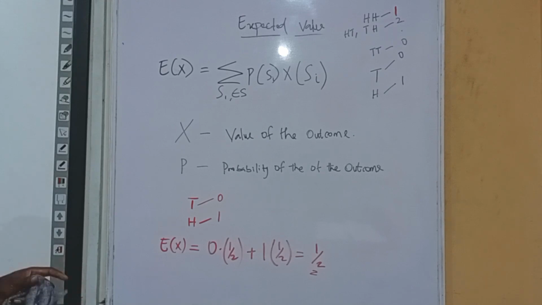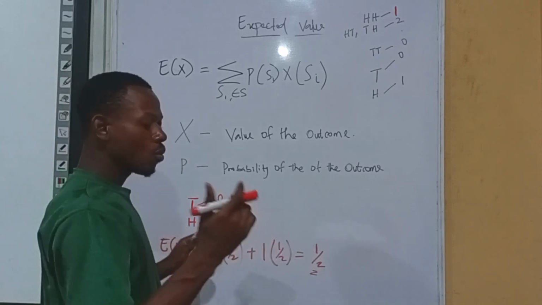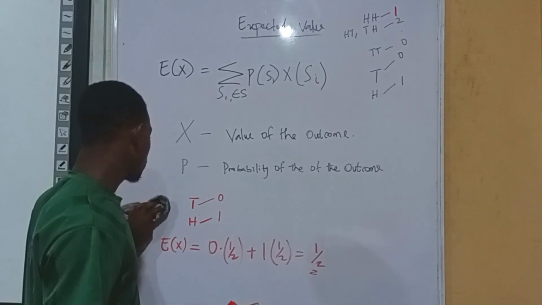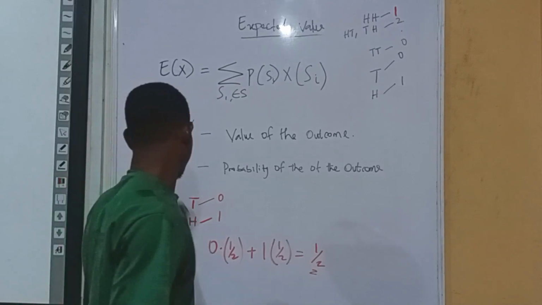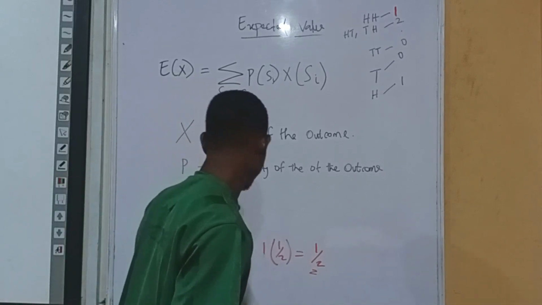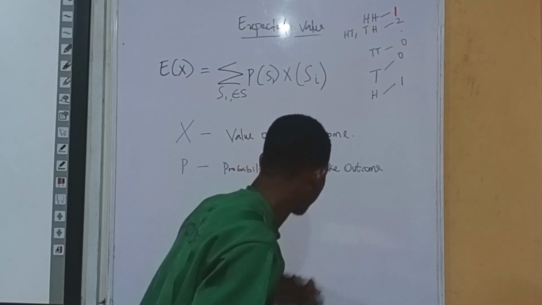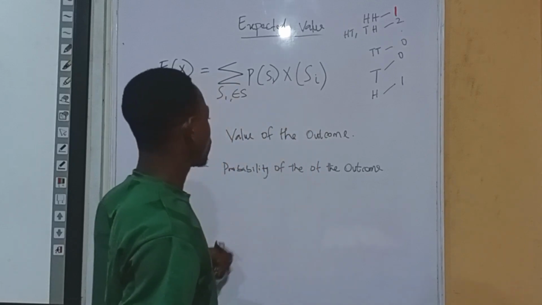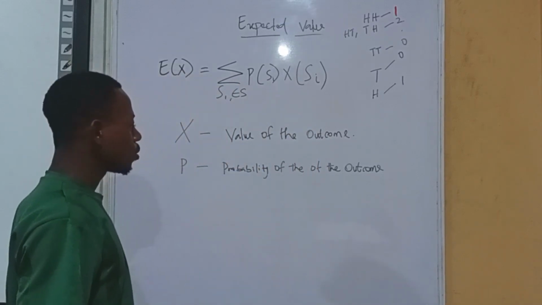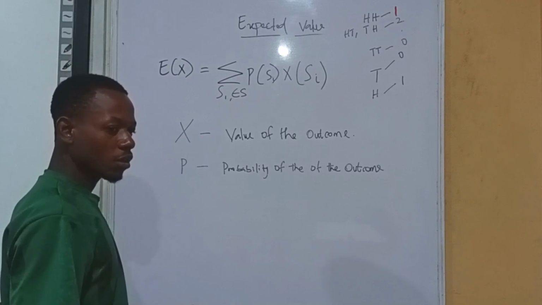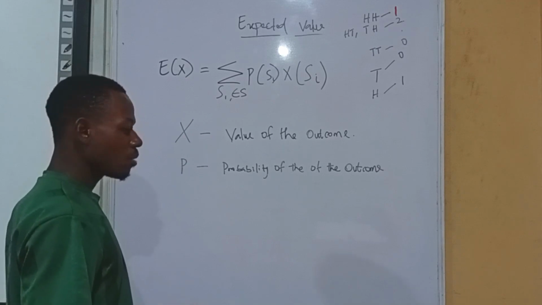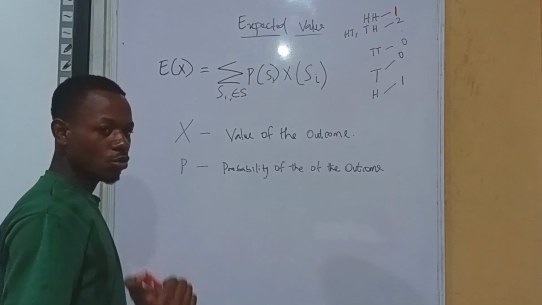So let's quickly consider what if the coin is not fair. Let's consider an example that states that the probability of having a head in an unfair coin is equal to 2 over 3. So that means the probability of not having a head will be equal to 1 over 3.